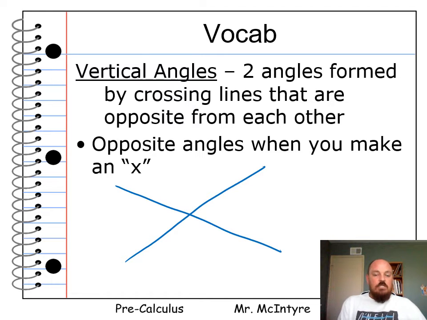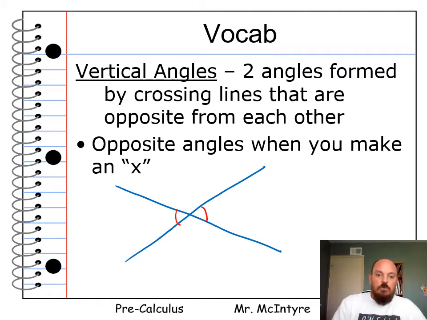Then the two angles that are opposite, not the ones that are connected, we just talked about adjacent, the ones that are not adjacent, the ones that are opposite from each other. So for example, this angle here and this angle here, the ones that I drew the little red marks on. Those are called vertical angles because they're opposite from each other. But the top and bottom, the ones that I didn't mark, are also vertical angles.